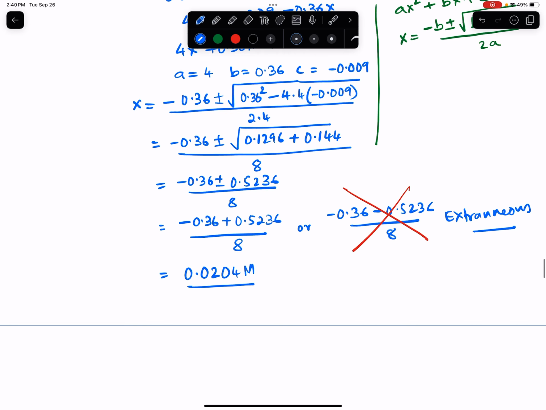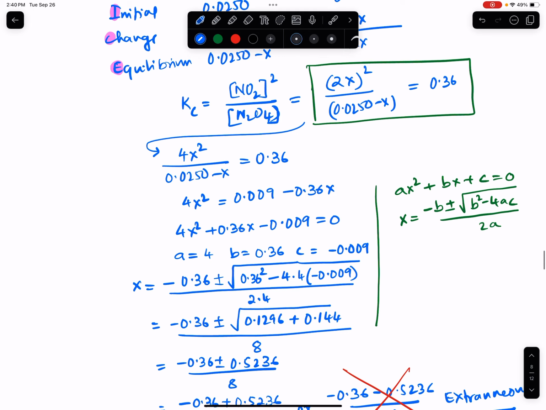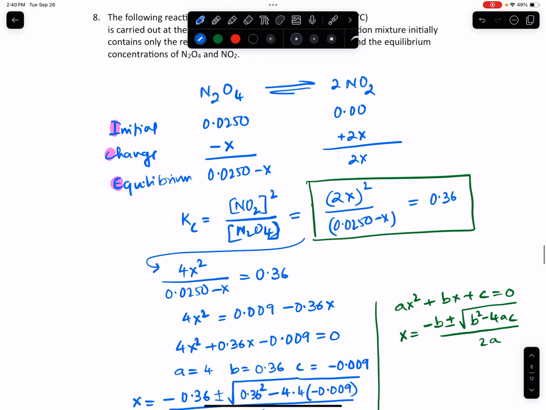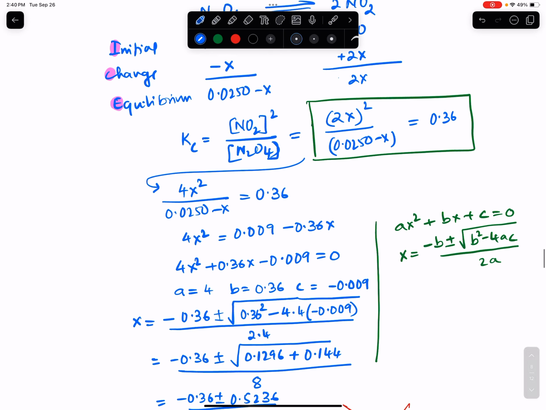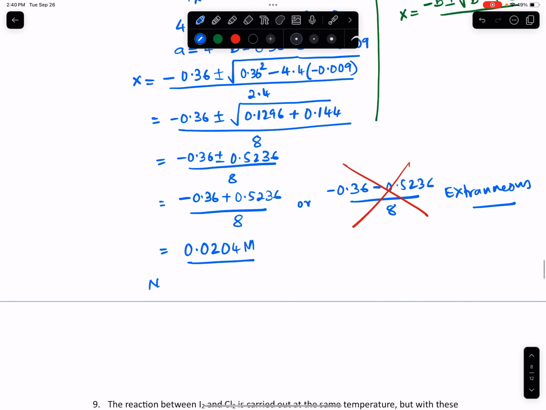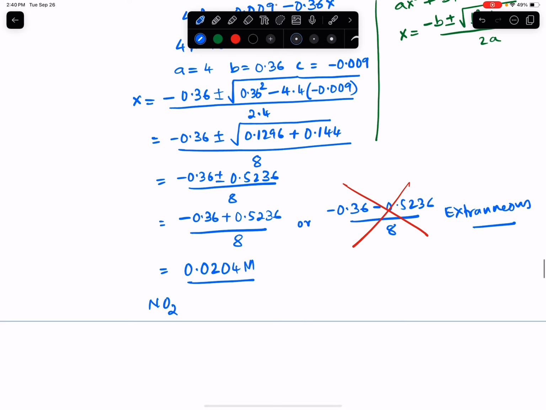So if we have to find the concentration of NO2, which is 2x, all we have to do is take 2 times 0.0204, which is equal to 0.041 molar.